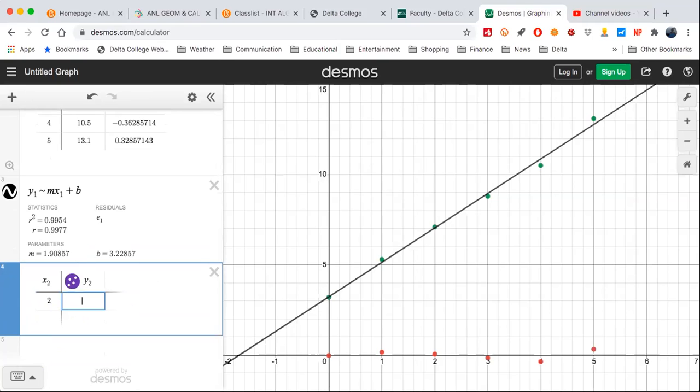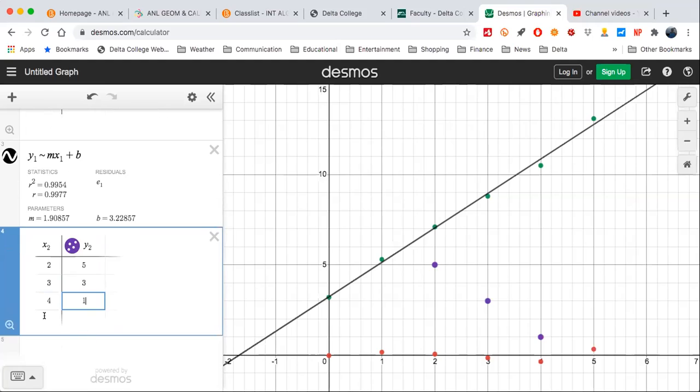We're going to start with 2, 5, and we're going to leave the decimals out. 3, 3, 4, 1, and 5, 0. So those 4 points.